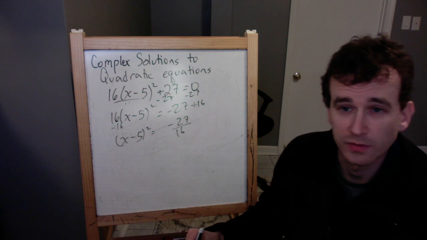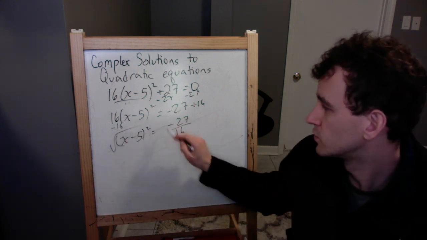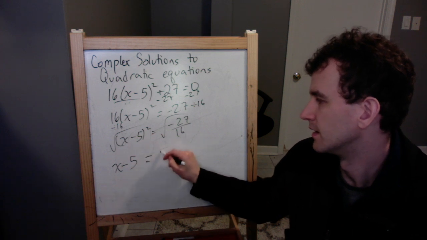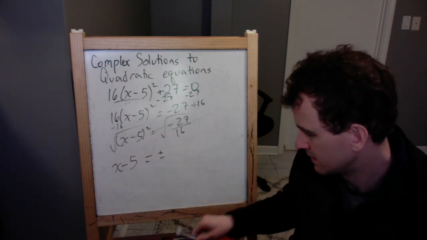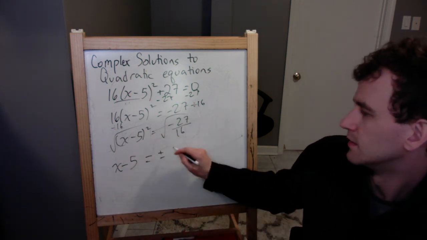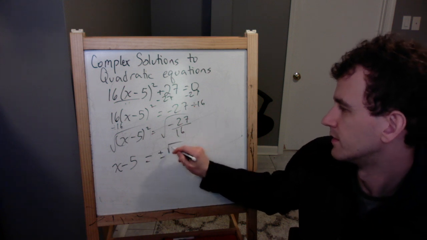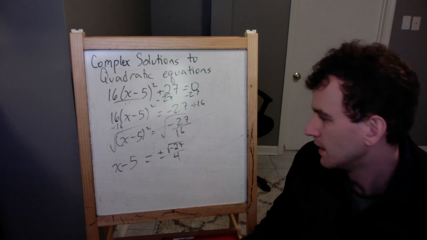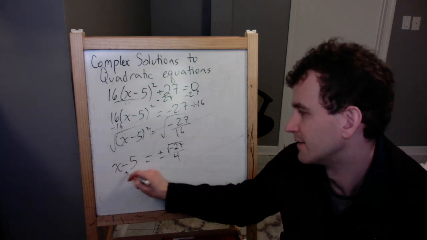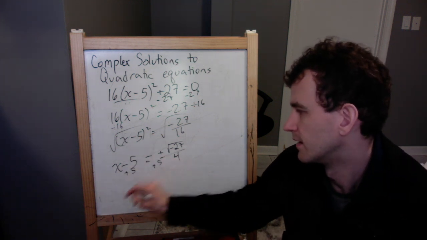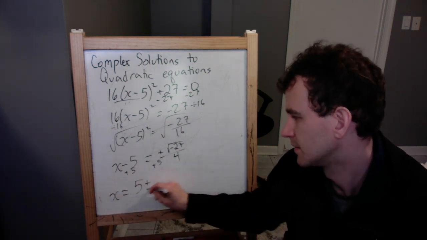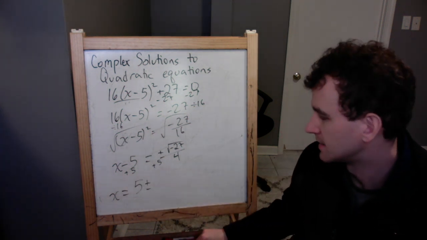And then to cancel out the square, we square root both sides, which gives us x minus 5 is plus or minus the square root of negative 27 over the square root of 16, which is 4. And then we add 5 to both sides, and we get x equals 5 plus or minus, and then we can think about simplifying this.